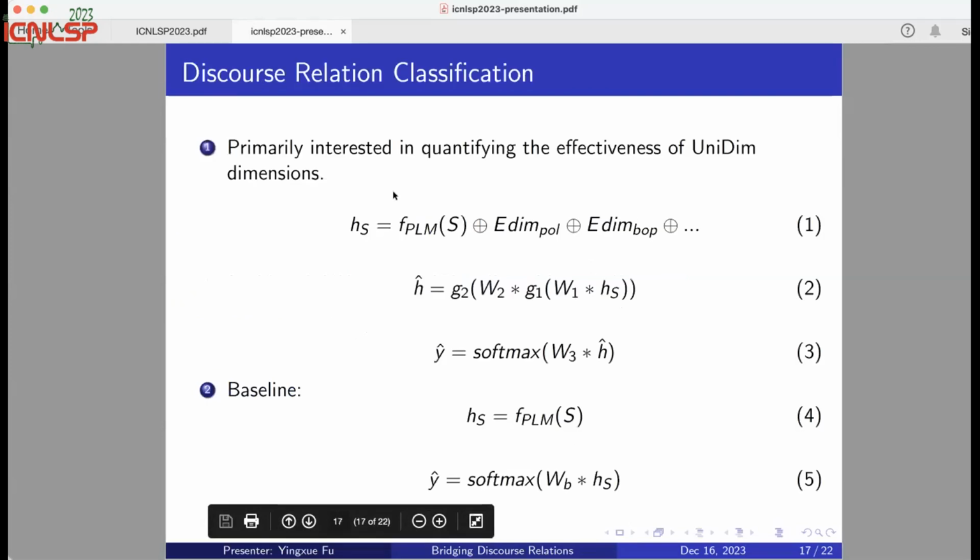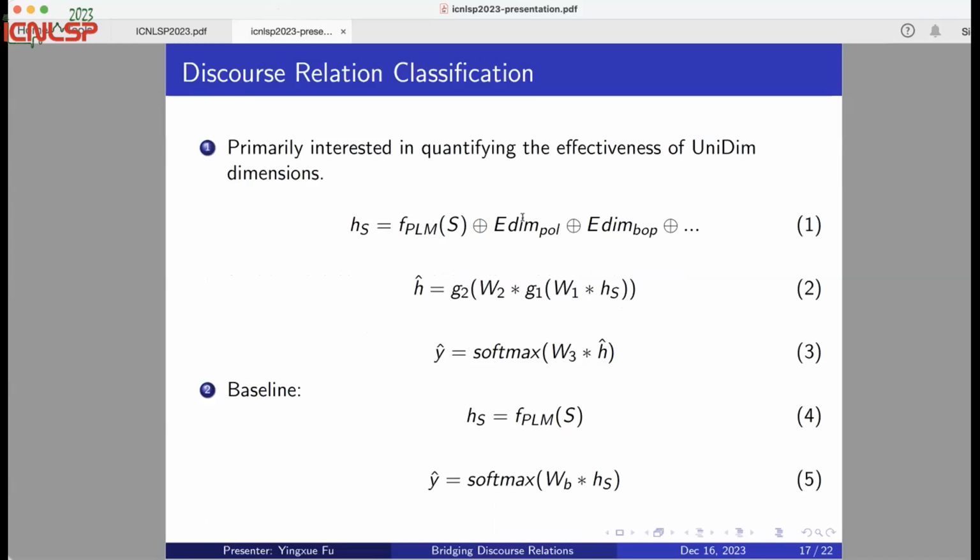In our experiments, we first tried to use those unity dimensions in discourse relation classification. The approach is very simple, because the interest is primarily in quantifying the effects of unity dimensions. First we feed the input to an encoder. This encoder could be a language model, such as BERT or RoBERTa.